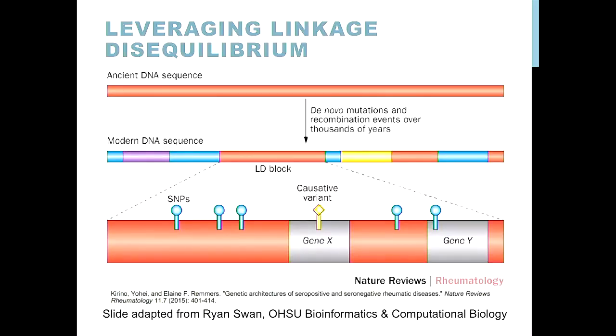That results in our modern DNA sequence, which has a number of linkage disequilibrium blocks or haplotype blocks. Within that block, we test various SNPs. You can see there may be genes that are not really important in contributing to susceptibility to your disease of interest, while there may be variants in other genes that are truly causative.